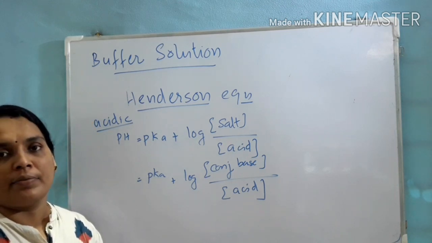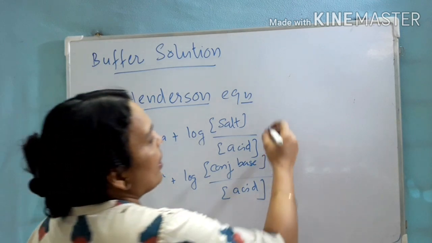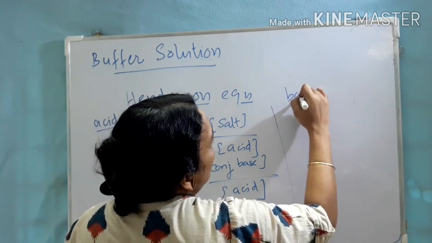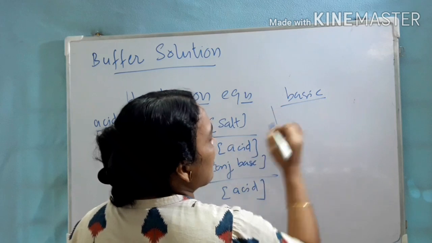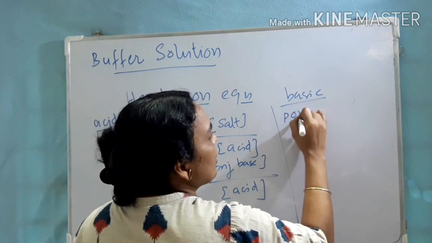In the case of a basic buffer, we are calculating pOH instead of pH.